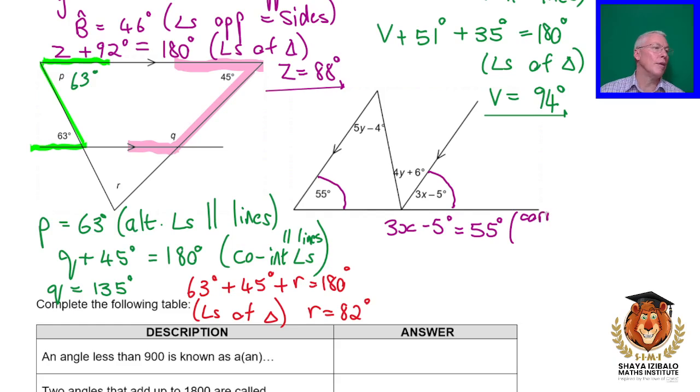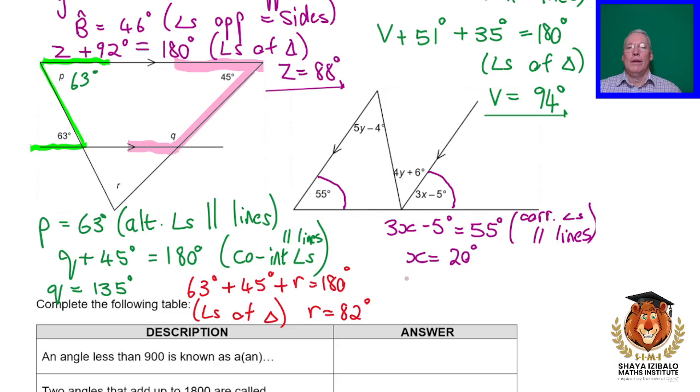Corresponding angles, parallel lines. So if we add 5 to both sides, we get 60. And then if we divide both sides by 3, we get 20. X is 20 degrees.